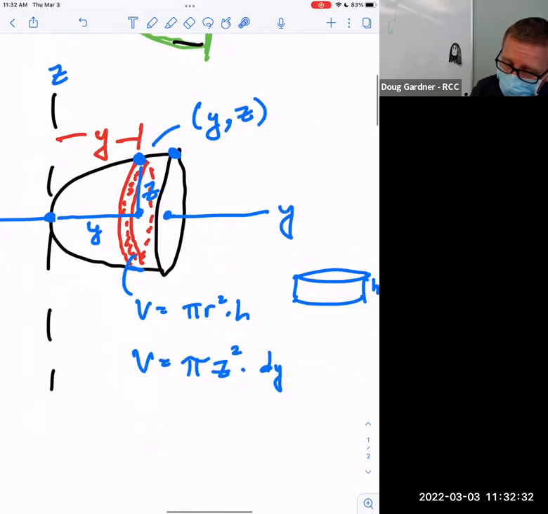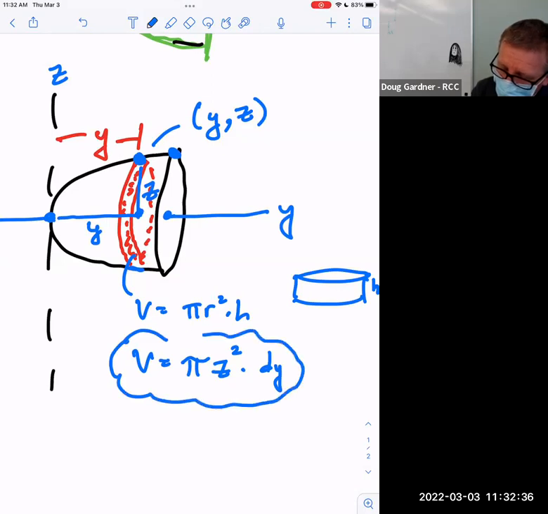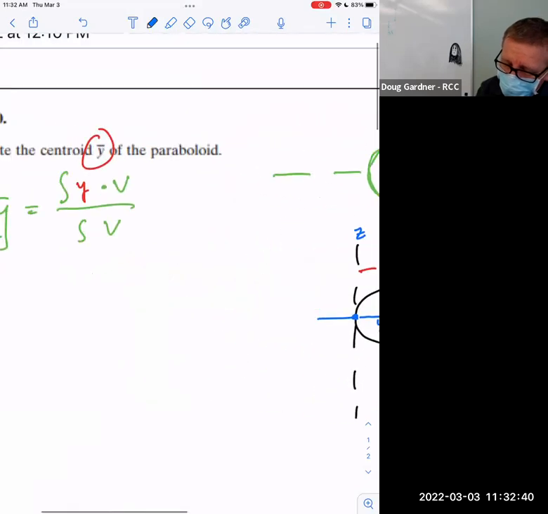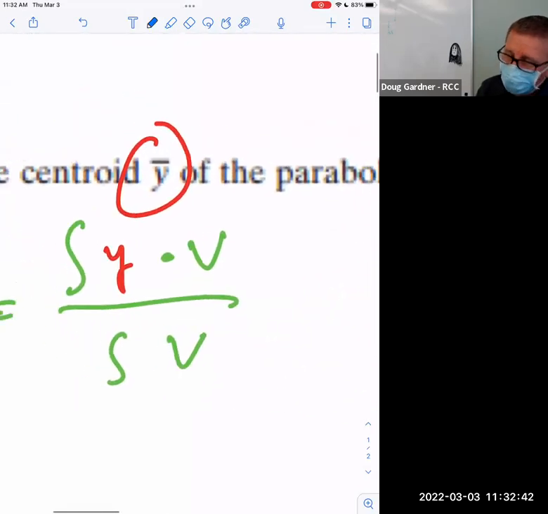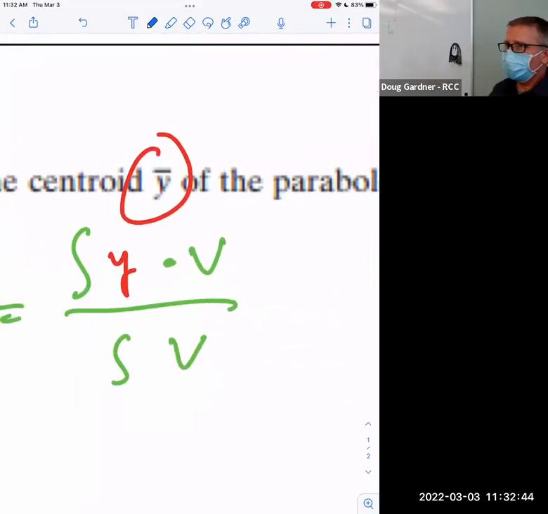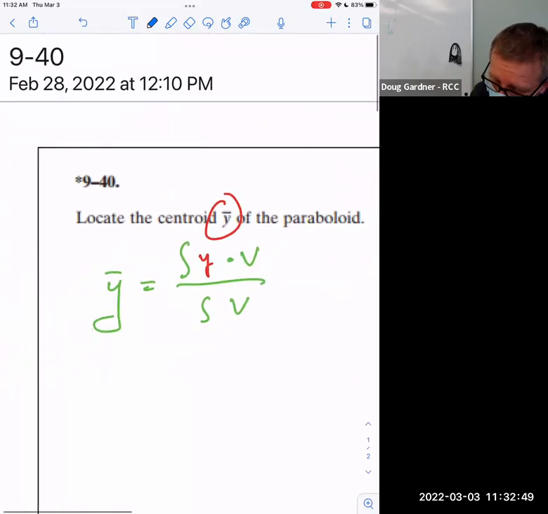So in our context, this is indeed the equation for volume. And so to get a moment, don't we just have to take that volume times, well, the distance it's away?